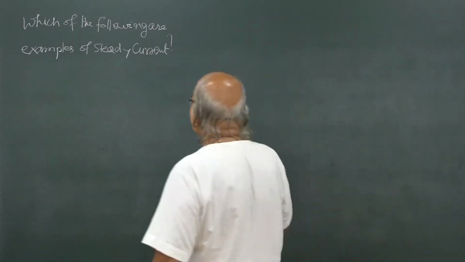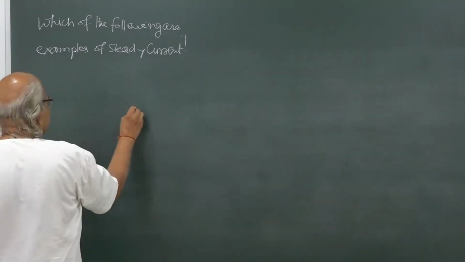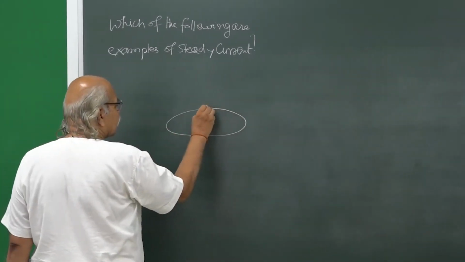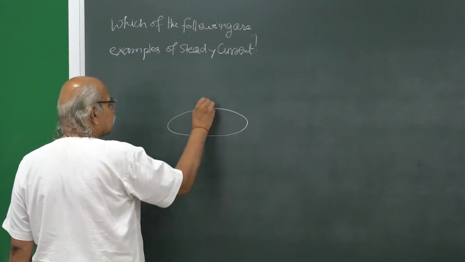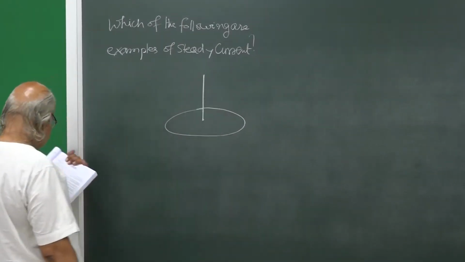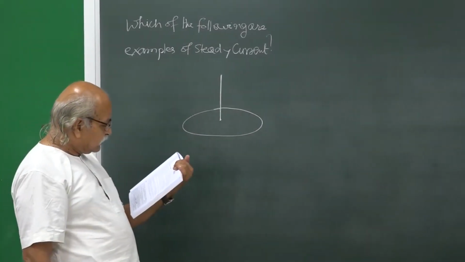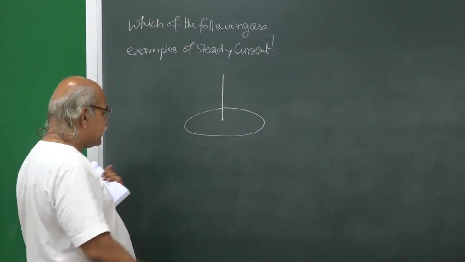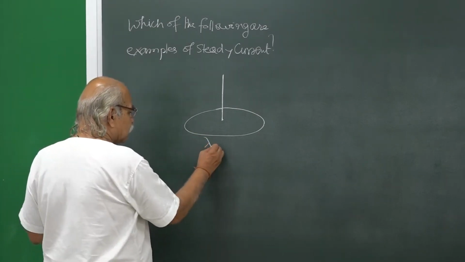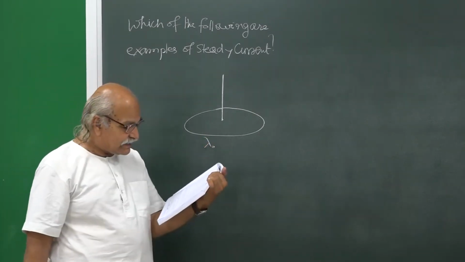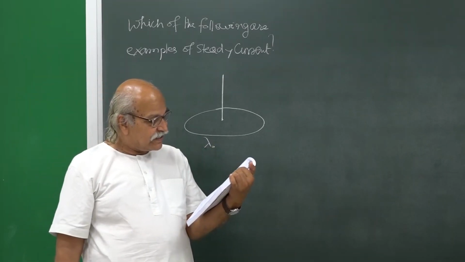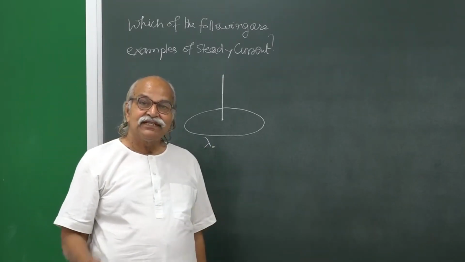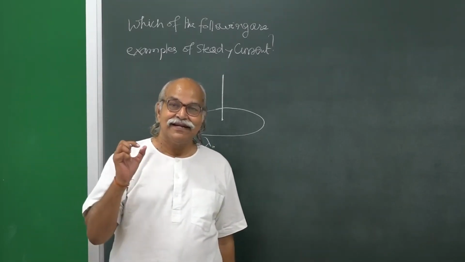So, you have a ring, and this is the axis of the ring, and this ring is uniformly charged, with uniform linear charge density lambda naught. You know this linear charge density means charge per unit length.